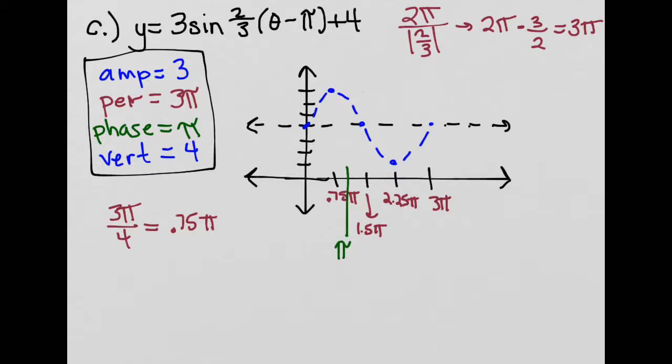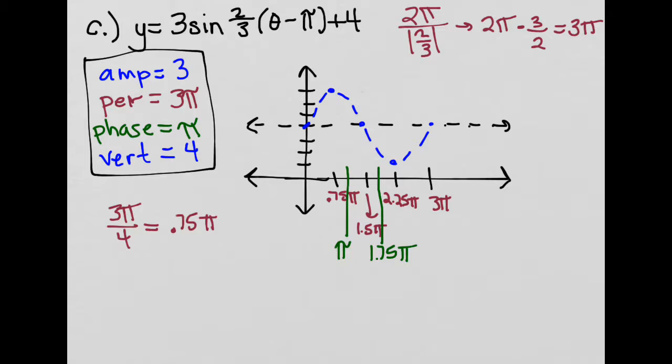And then again, the tick marks are going up by 0.75. So if I move this point, which happened at 0.75, pi units to the right, we add pi to 0.75. So that's 1.75, and that's going to happen somewhere around here. And then we do the same thing with really each tick mark.